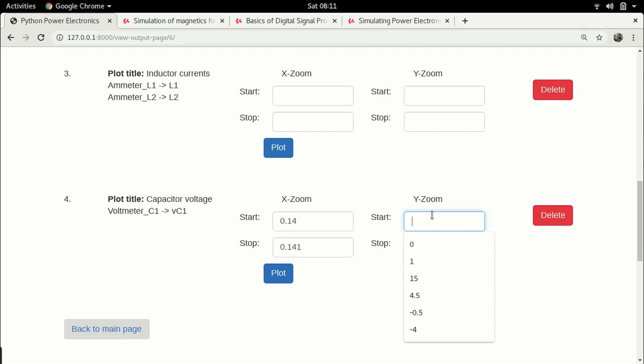And here we zoom in a negative range. So therefore I'm going to zoom in between minus 5.5 and minus 4.5. And let's plot this.